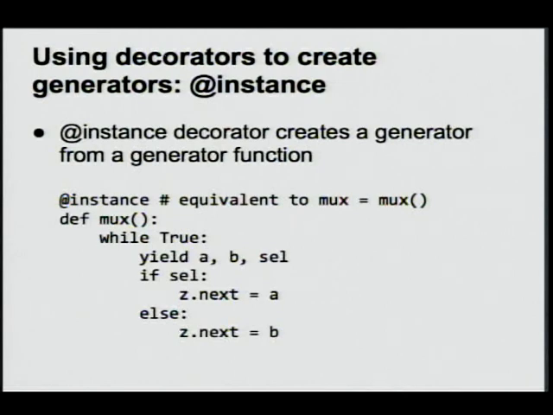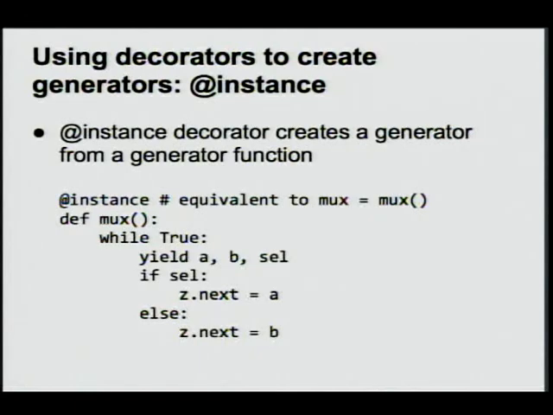Now I'm using a lot of words at the same time. Who is using decorators here in Python? Okay, not that many people. A decorator is in fact a way to modify the behavior of the function that follows.